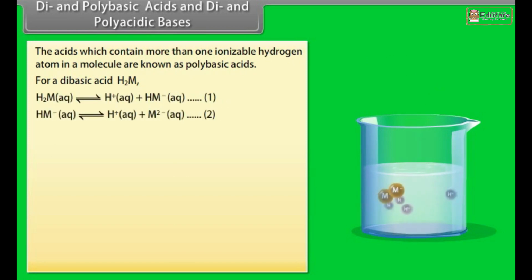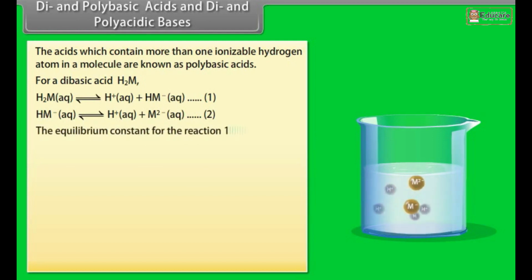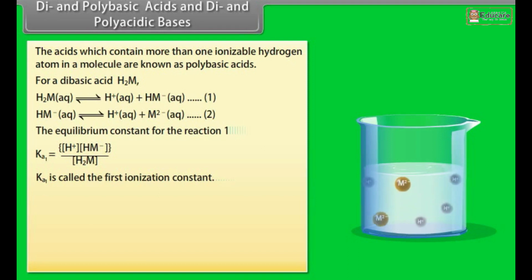Name it as reaction 2. The equilibrium constant for reaction 1, Ka1, is equal to H plus into HM minus by H2M. Ka1 is called the first ionization constant.